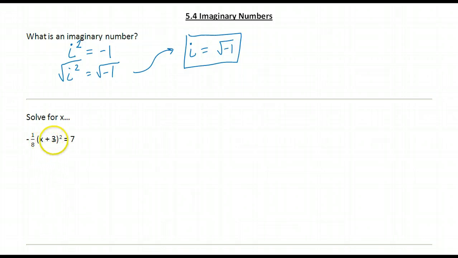We have x plus 3, we have x squared, and we have -1/8 times x. To undo these in the correct order, I'm going to first get rid of this -1/8. Now I could divide both sides by -1/8, but instead I'm going to multiply both sides by the reciprocal of -1/8. The reciprocal of -1/8 is -8.